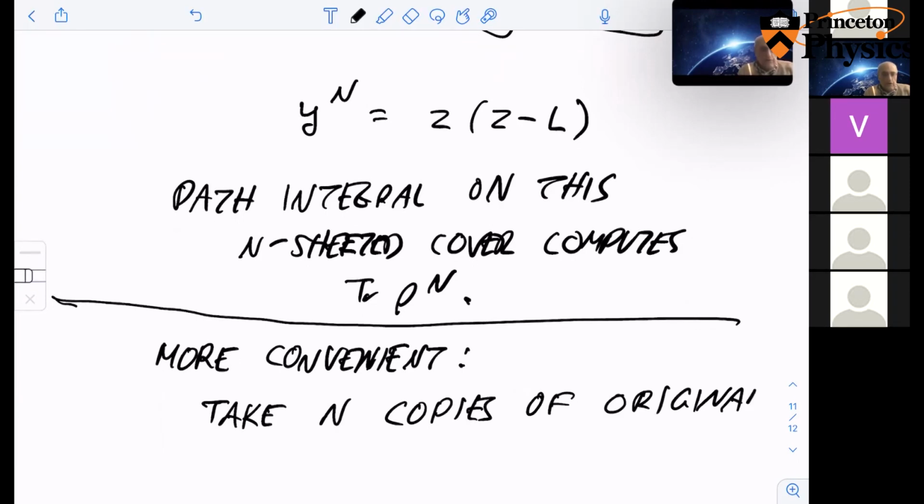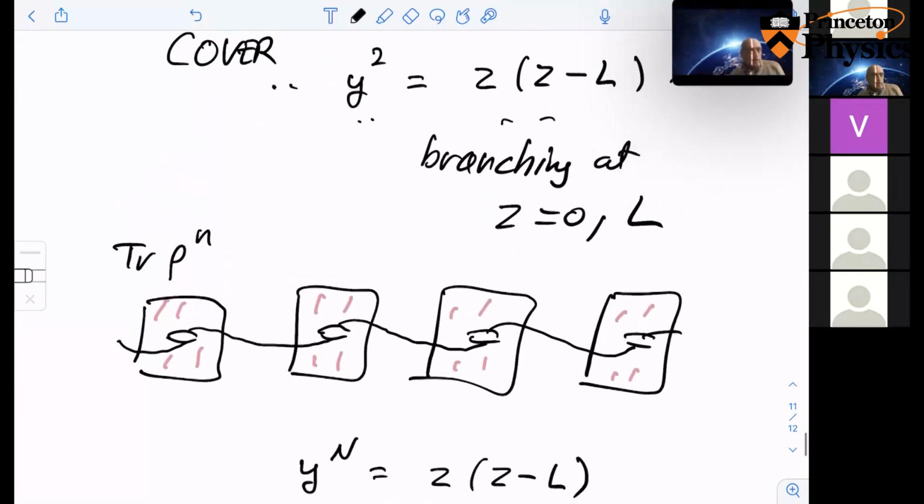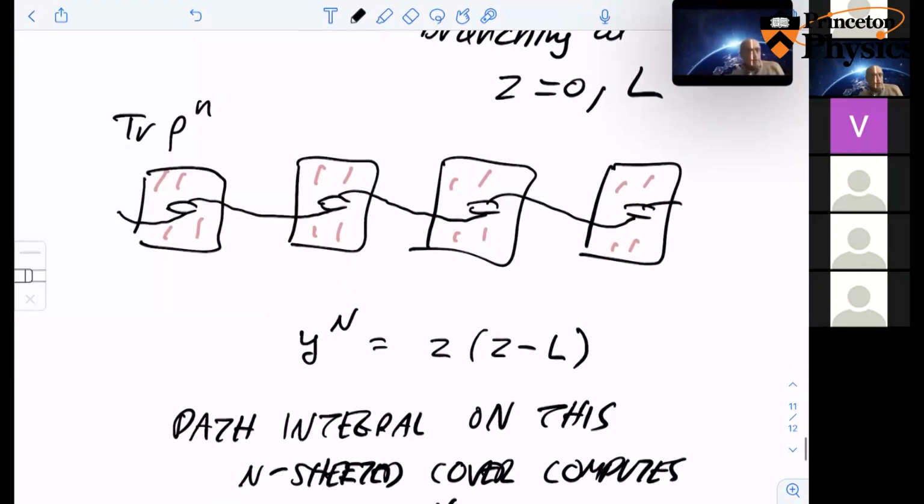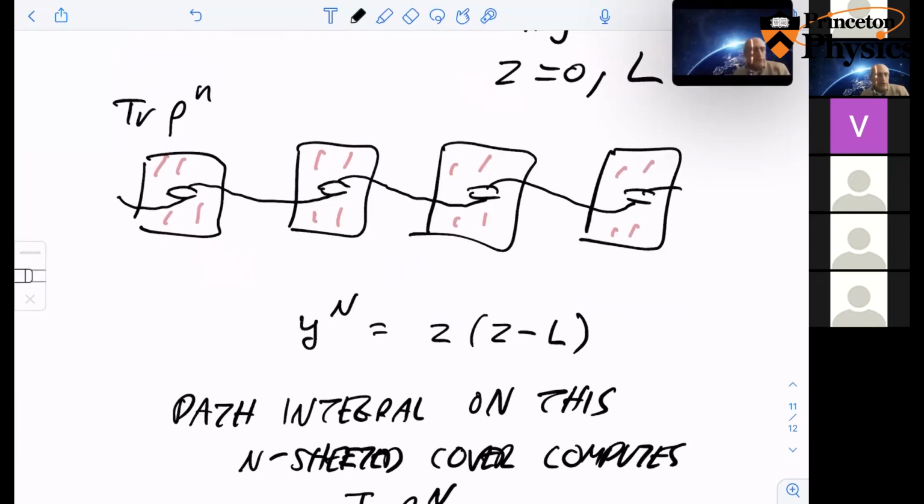By the way, everything I've said until now really wasn't special to 2 dimensions. A similar derivation in any dimension would tell us that trace rho to the n can be computed by a path integral on an n-sheeted cover of the original spacetime branched over the boundary of the entangling region.